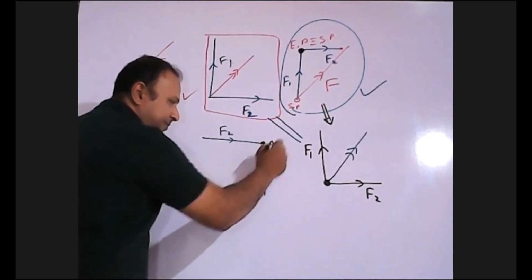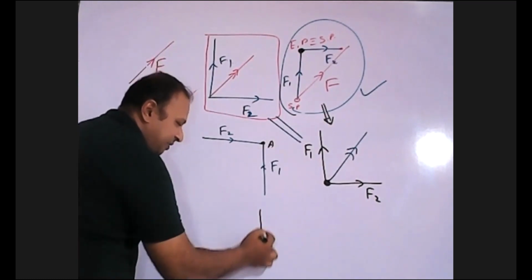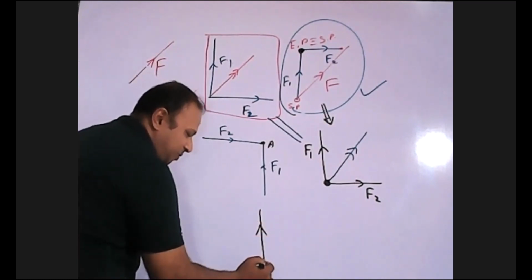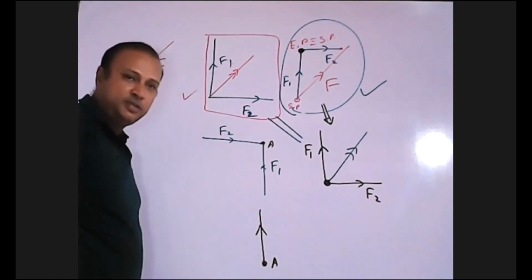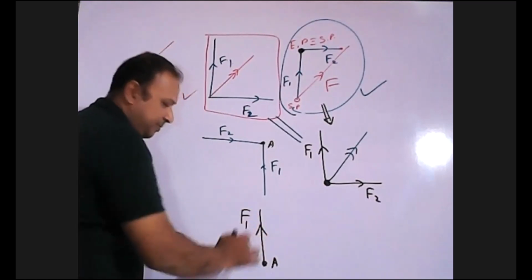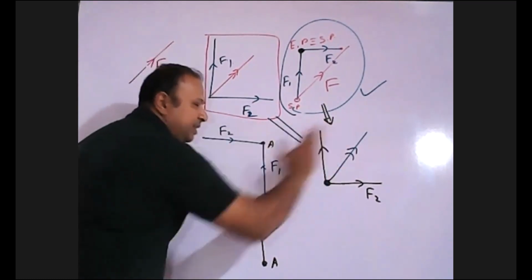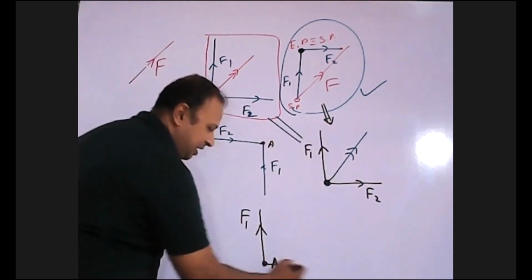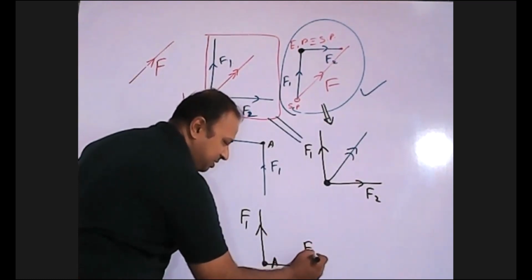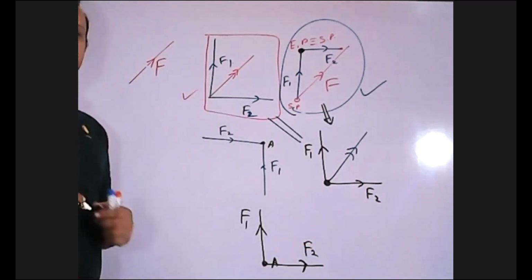Suppose this is point A, then I can draw like this. Now point A is at this point, F1 is here. If you shift F2 in the right-hand direction, then again you will have the same system.